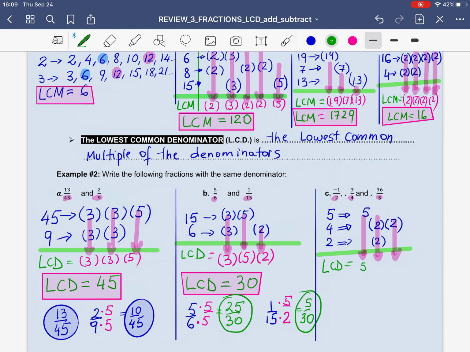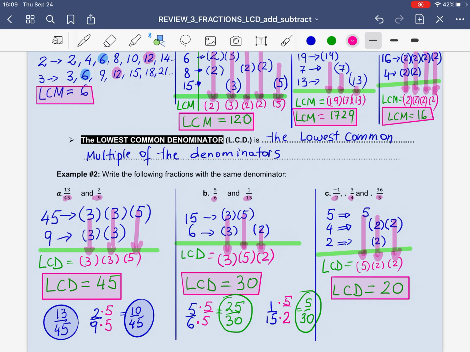So we have 5 times 2 times 2. So the lowest common denominator is 5 times 2, 10 times 2, 20.